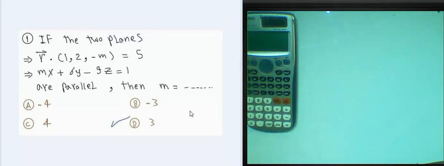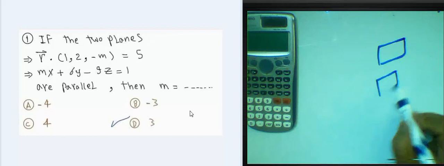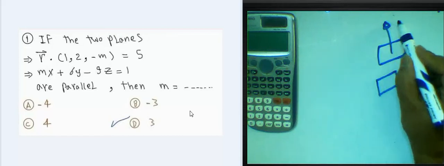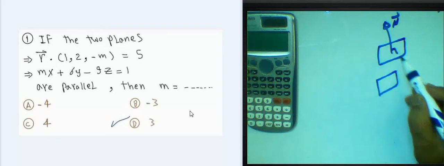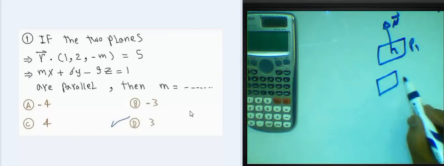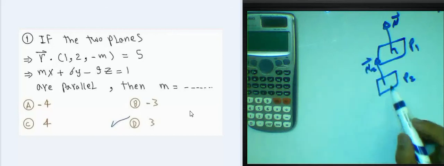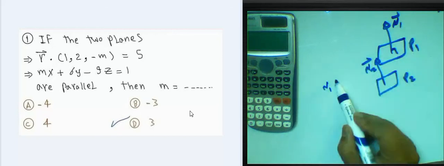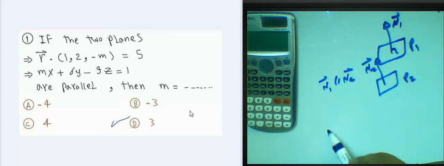We know two planes are parallel when the normal vector n is perpendicular to plane 1 and plane 2. Here we have n2, and n1 will be parallel to vector n2.